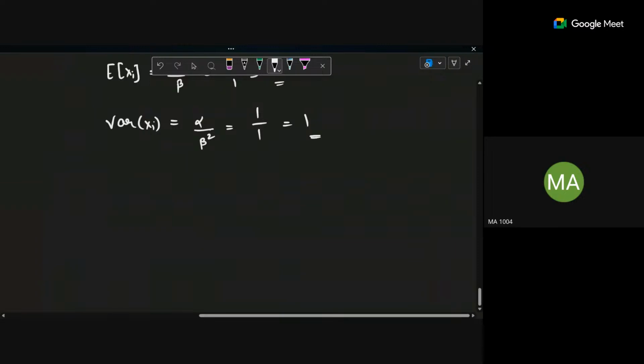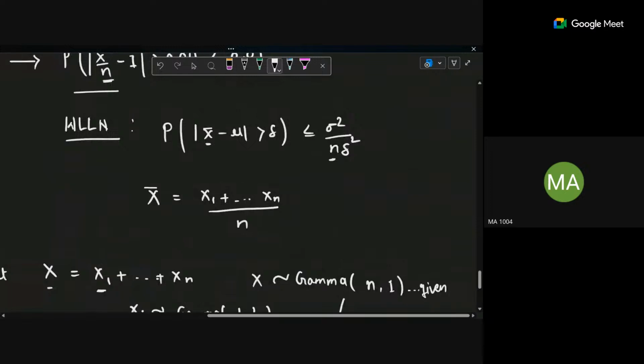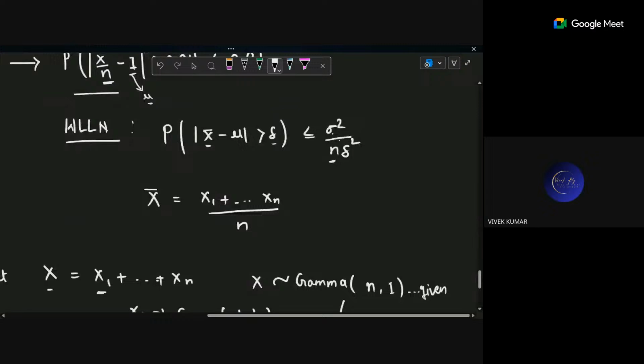Okay. So what do we need here to use the weak law of large number? So delta is given there. What is delta here? 0.01. So this 0.01 is our delta. Here is a mean. You can take a hint of mean from here also. And this sigma square and delta square is also known. Can I write it directly like this, or do I have to do something else? Ma'am, go step by step.